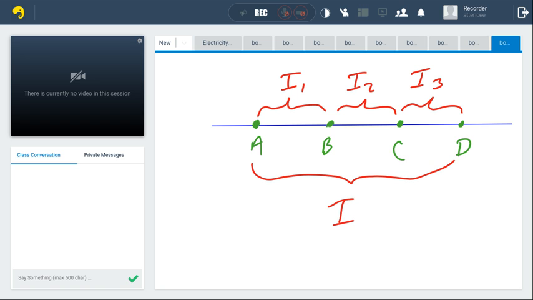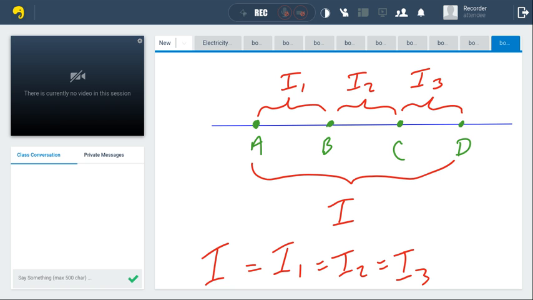Well, what could I say about this? Again, I hope this is nice and obvious. I would just be equal to I1 equals I2 equals I3. The current's got to be the same anywhere in a series. Okay, you can almost think of this like one big hose.